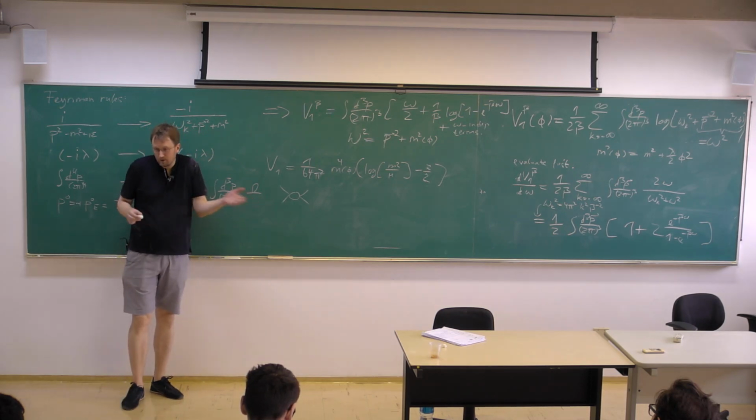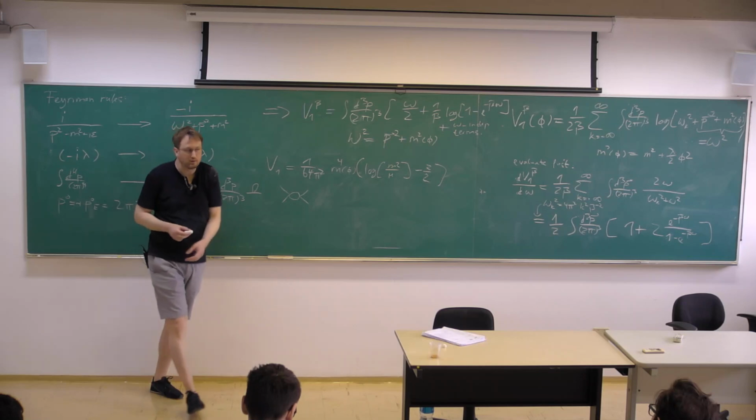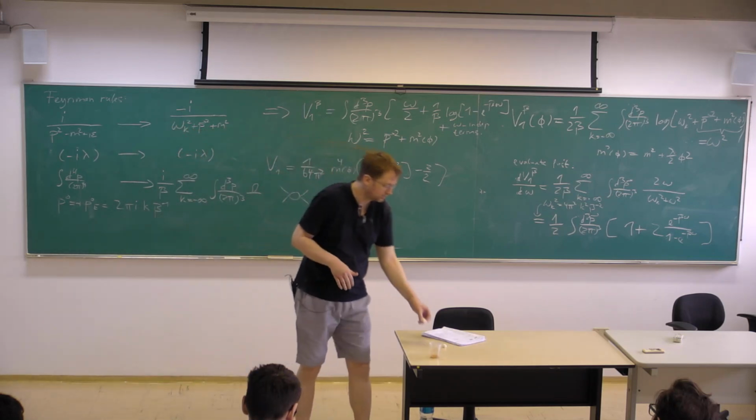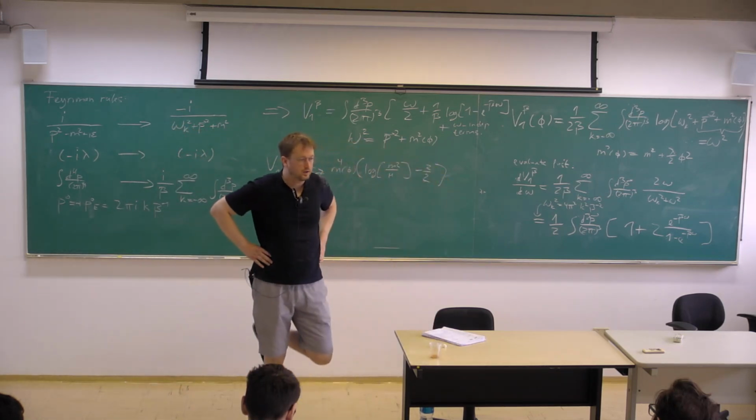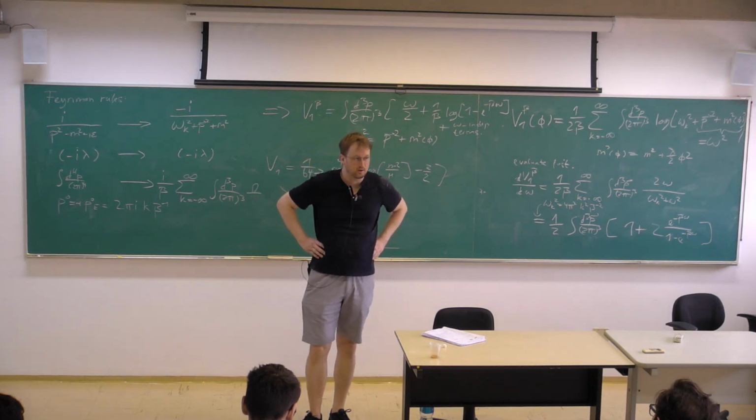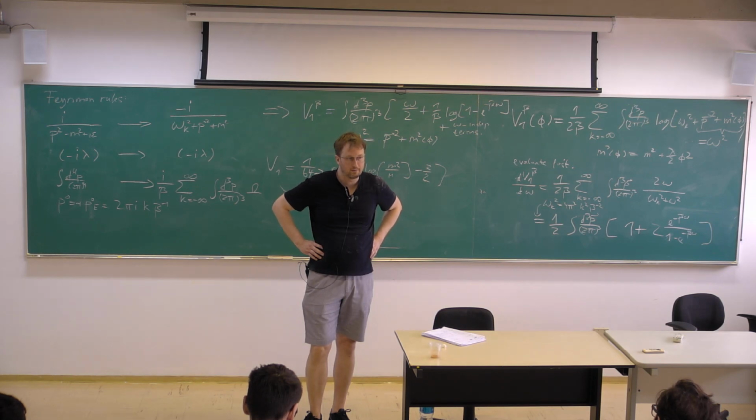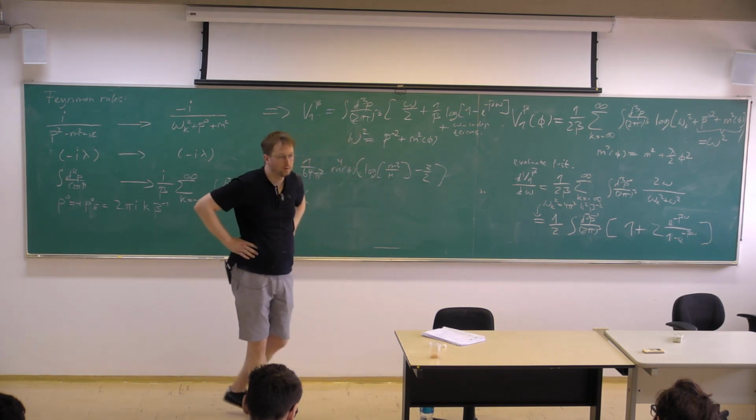Exactly, it's a constant in coordinate space, so you get zero momentum. It's just the fact that you're looking at a constant field configuration. It's exactly the same as at zero temperature. Yeah, I think I understand.